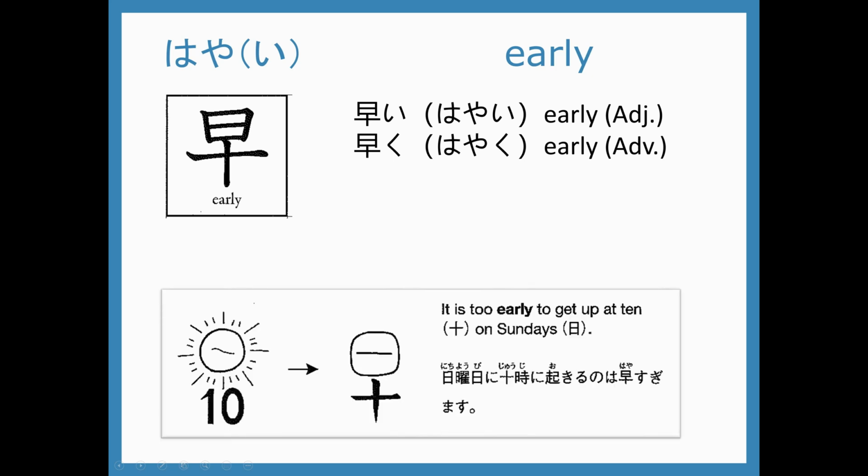So, この漢字, we have 日曜日の日, and then we have the number 10ですね.